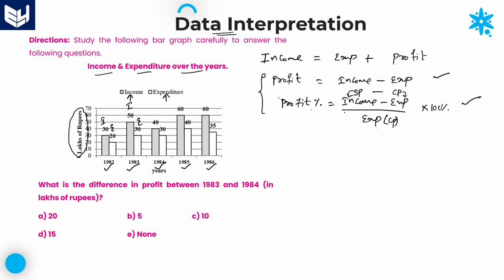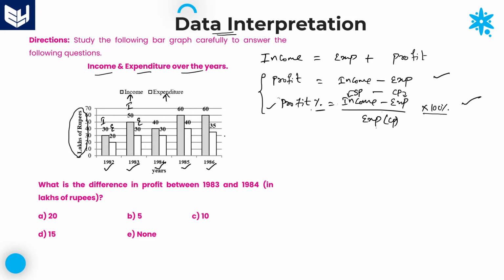Because of that, the formula becomes income minus expenditure divided by expenditure, and into 100 percent is a common thing. These are the 2 points you have to remember. Sometimes this formula will be given directly in the question, sometimes not. Whether it is useful or not, you must know it.